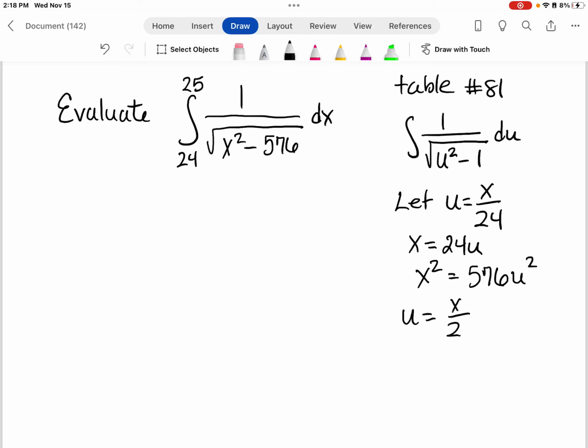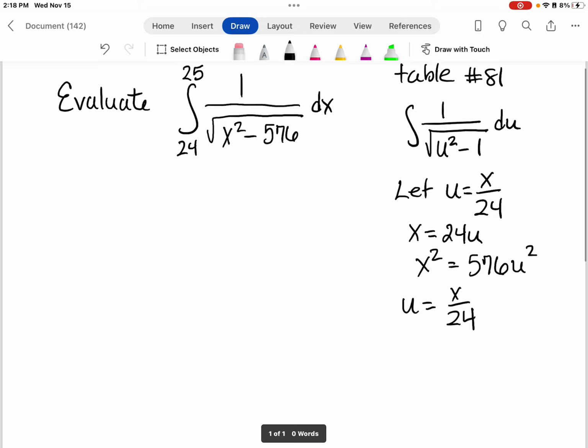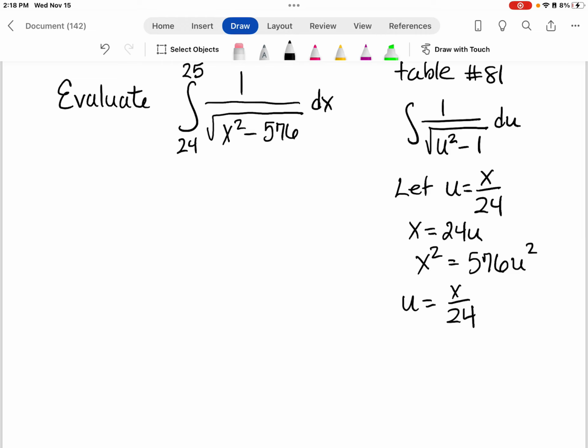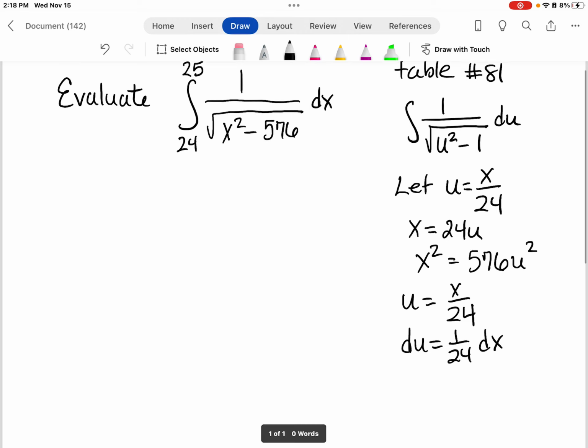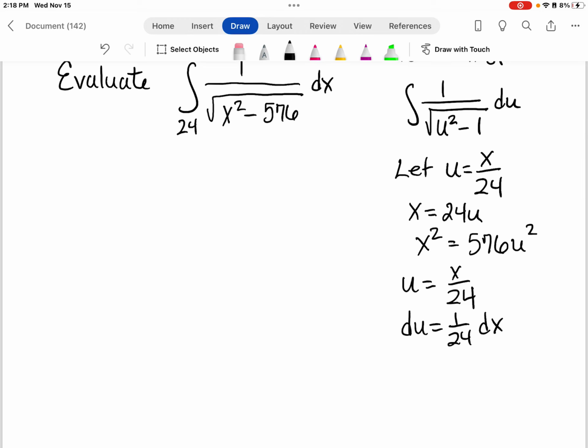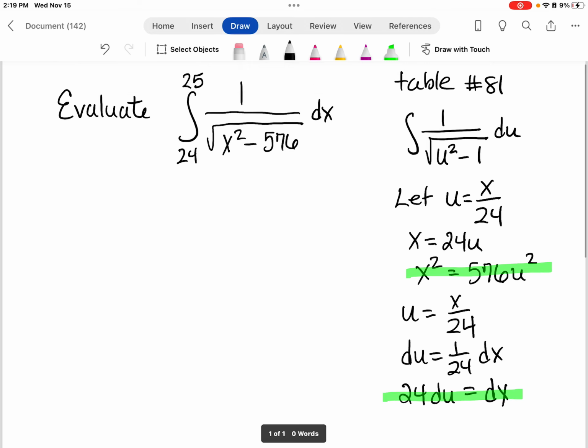Now, since u is equal to x over 24, when I take the derivative of both sides, I get that du is equal to 1 over 24 dx. And this will also help us with our substitution, because then we would get that dx is equal to 24 du. So we're going to need to use this piece right here and this piece right here for our substitution.